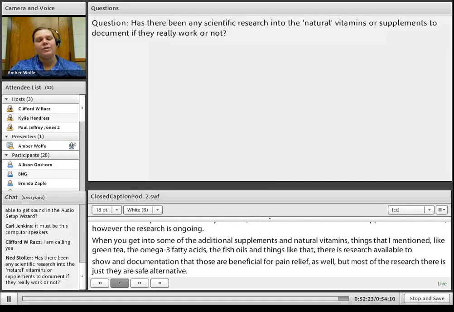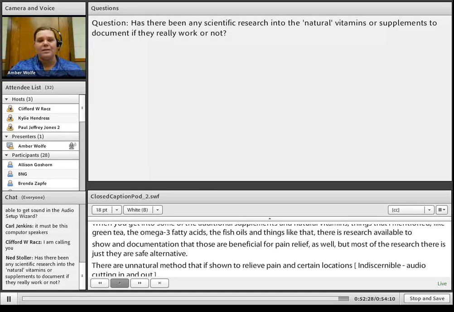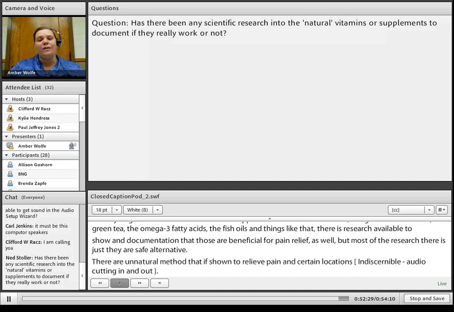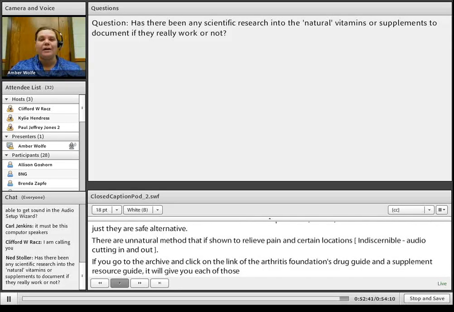If you go to the archive and click on the link of the Arthritis Foundation's drug guide and the supplement resource guide, it will give you each of those individual natural vitamins and supplements, a description of them, what type of pain relief they can give you, what specific joints they might work with, as well as where they might be in that research process.